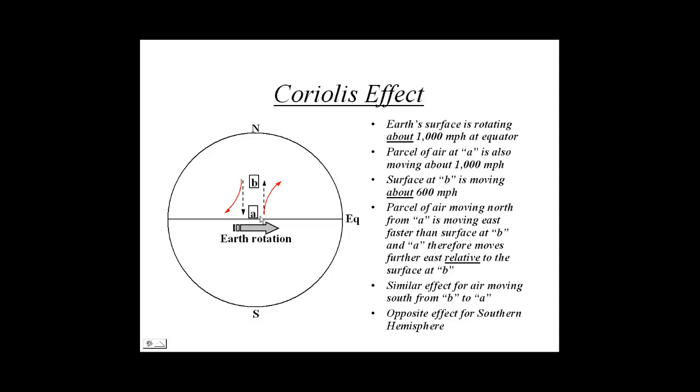And since the Earth is roughly 25,000 miles in circumference at the equator, and since it rotates 1 revolution per day, it's going to rotate at roughly 1,000 miles an hour at the equator.